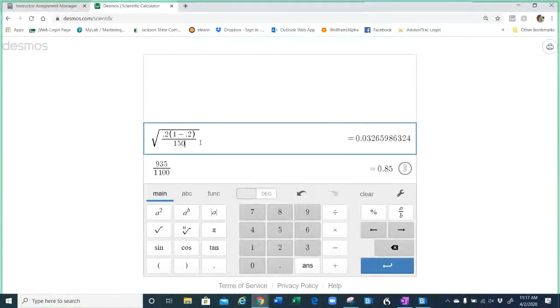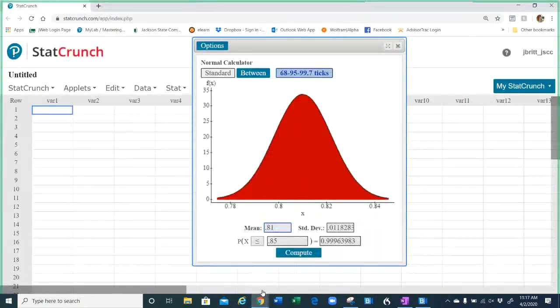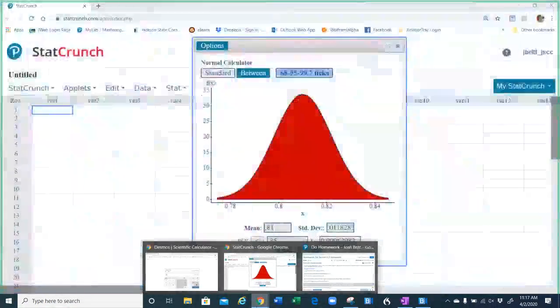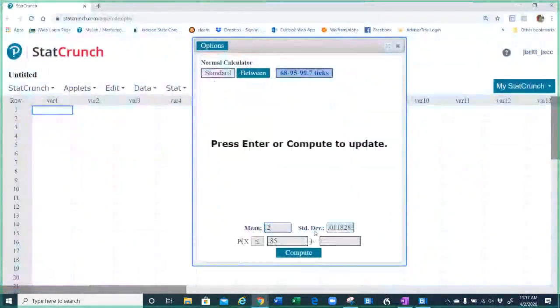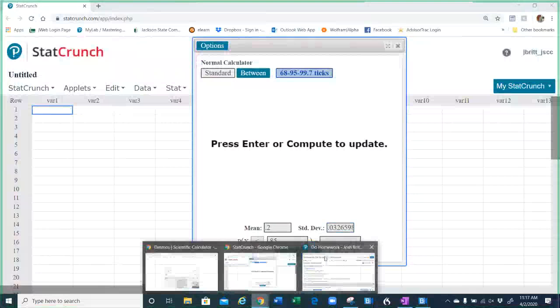Standard deviation 0.0326598. Get our standard deviation. 0.0326598. And then what probability are they wanting here?